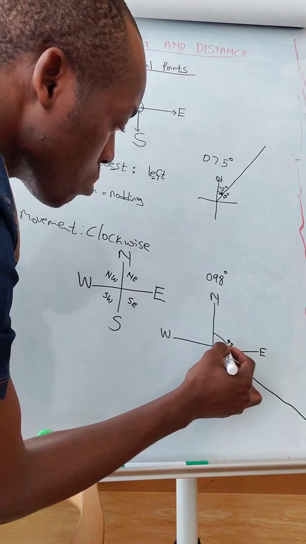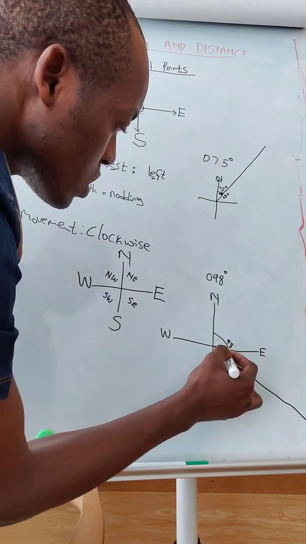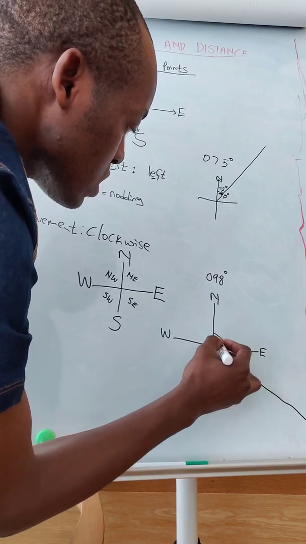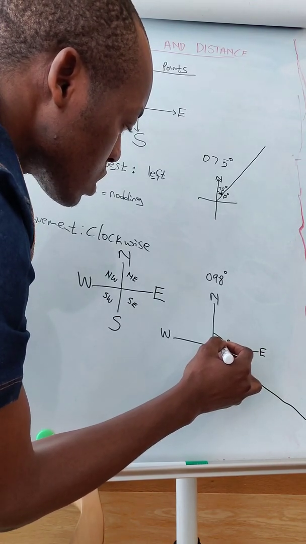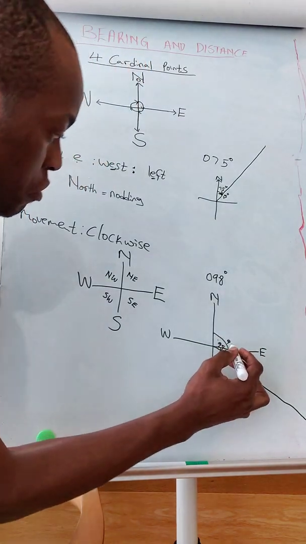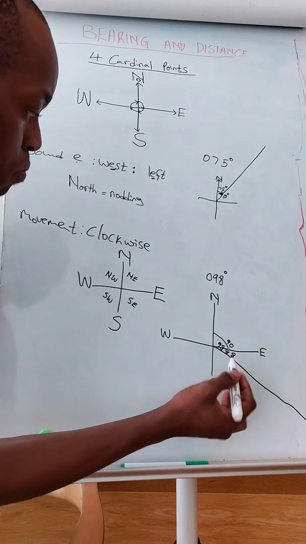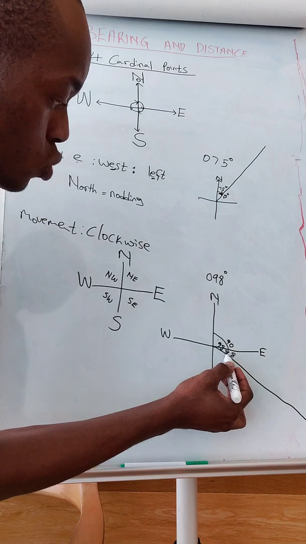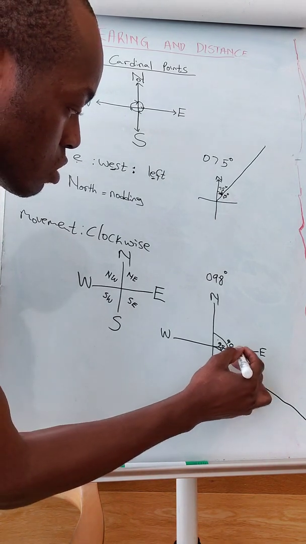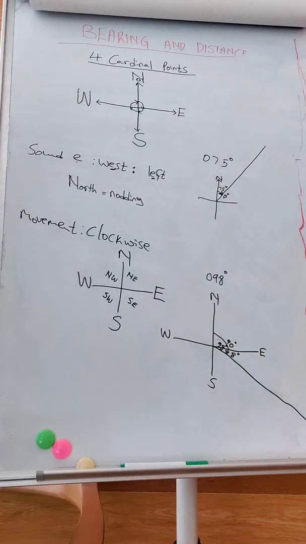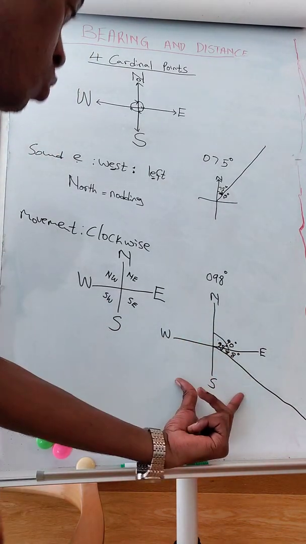The remaining from east to this point is just 8. That is, everything is 98. But from here to here is 90, and from here to here is 8 degree. Don't forget, degree, not just ordinary 8. So this is the diagram for this.